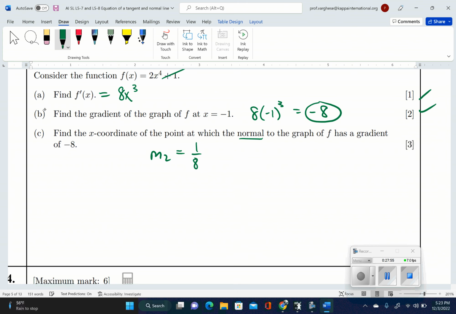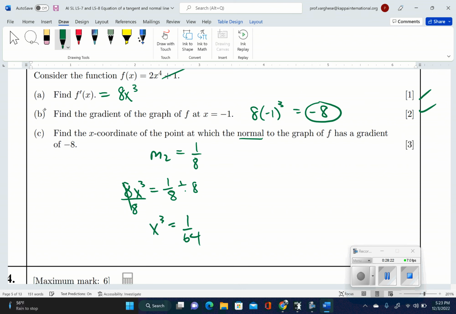Then we're going to set our derivative, which is 8x to the third power, equal to 1/8 because we're looking for the x coordinate. We're going to divide both sides by 8. This cancels out, and you're going to get x to the third is equal to 1/64.